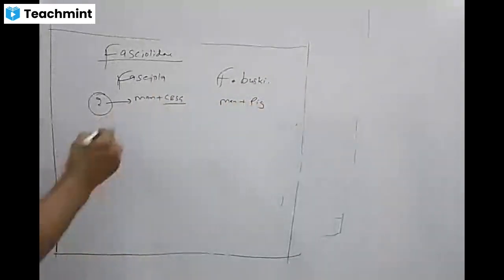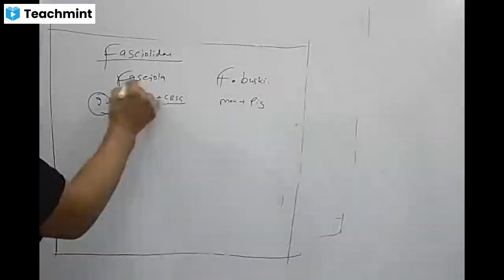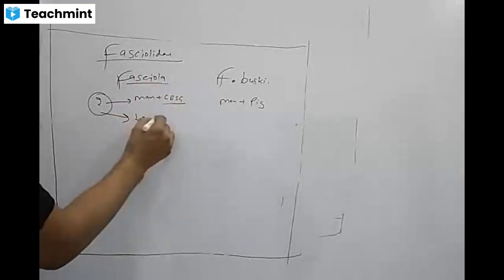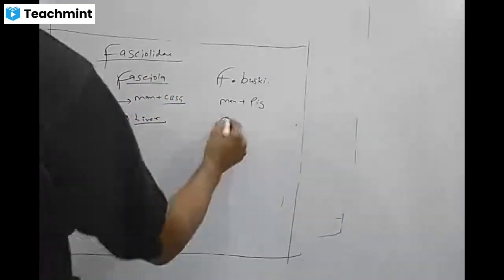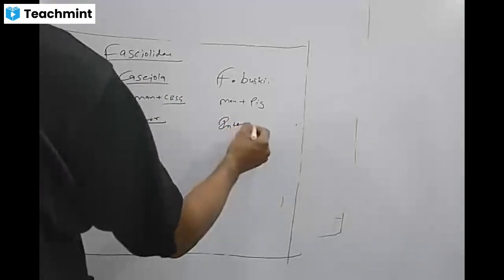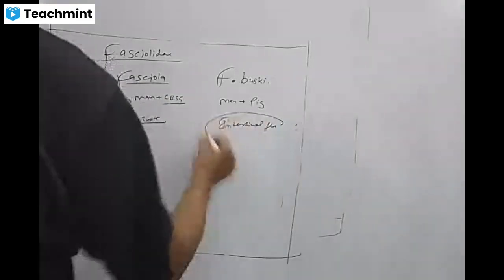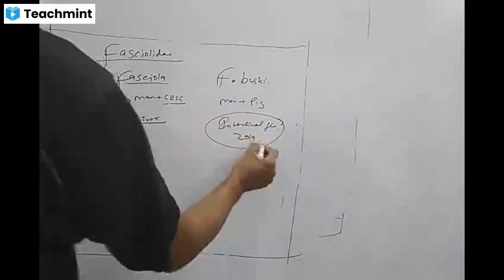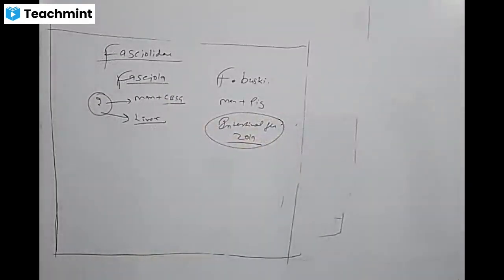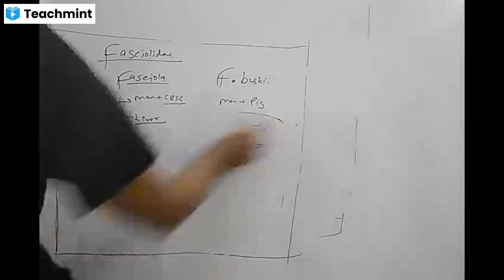The second difference is that Fasciola is a liver fluke and Buski is an intestinal fluke. This was the MCQ in 2019: which of the following is not a liver fluke? The answer was Fasciolopsis buski. It is an intestinal fluke.